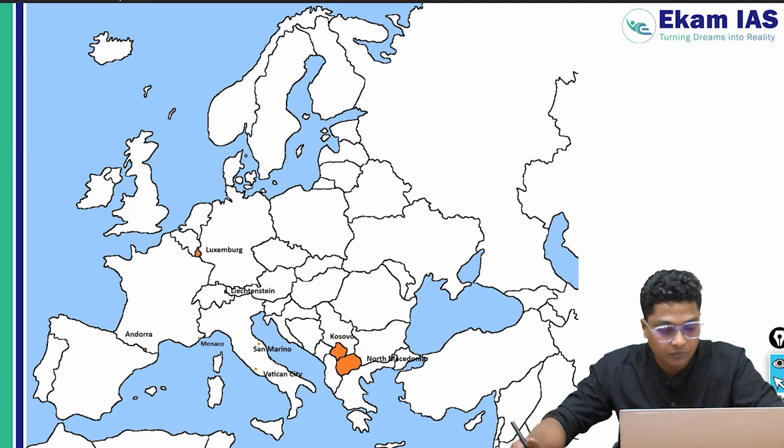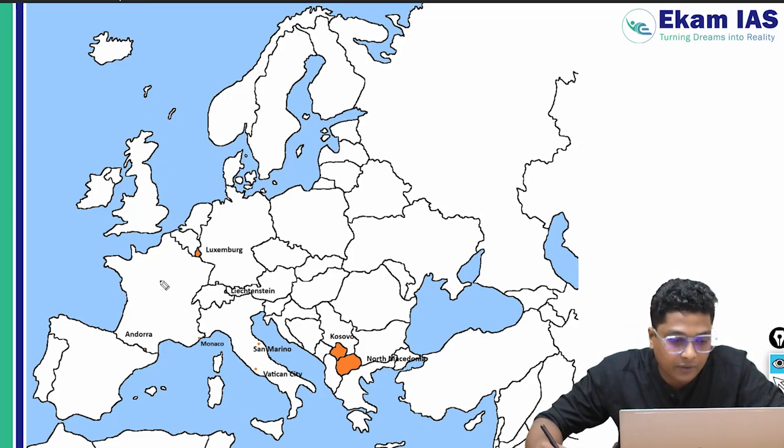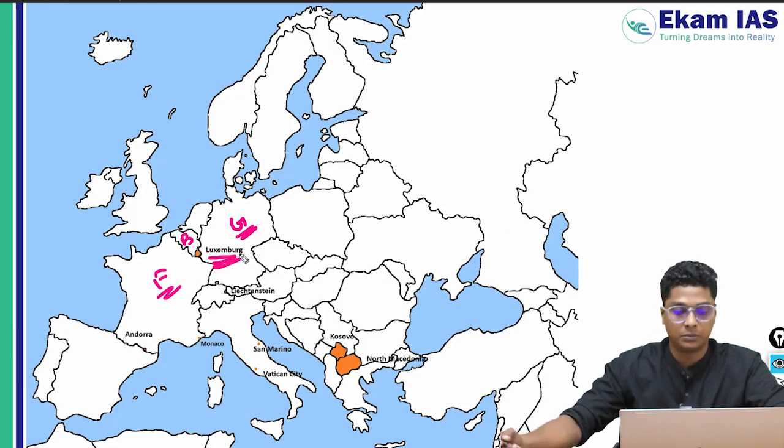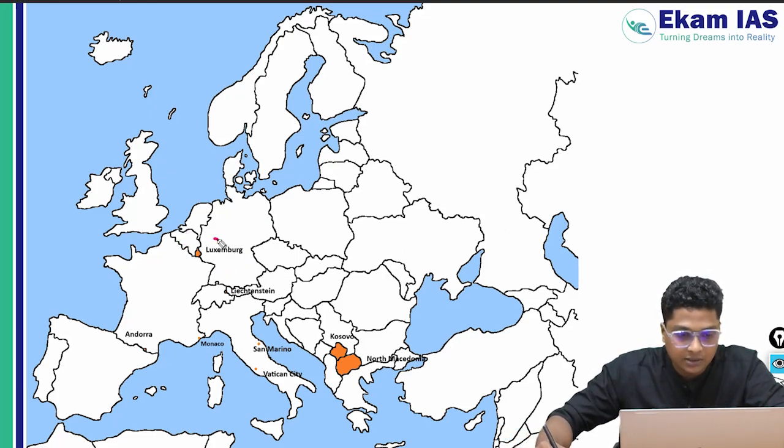So here we have France, and this is Germany. And this is Belgium. Between these three nations, at this tri-junction, is Luxembourg. So remember, Luxembourg is located between Germany, France, and Belgium.